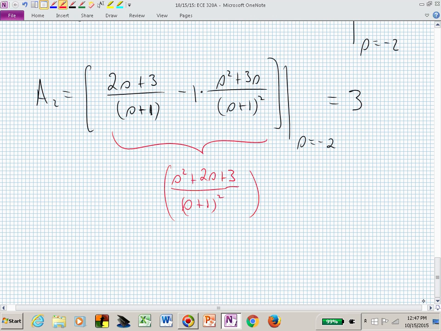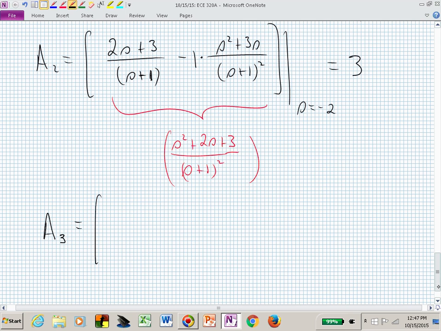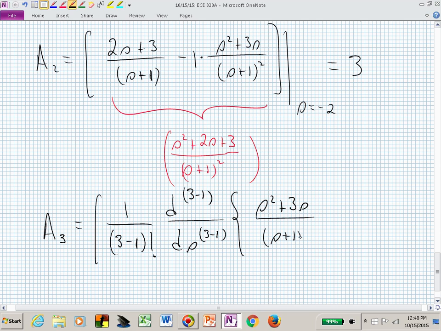And now I will differentiate that, meaning a sub 3 is, from the formula, 1 over (3 minus 1) factorial, d to the 3 minus 1 over ds to the 3 minus 1, or differentiate twice, this (s squared plus 3s) over (s plus 1).